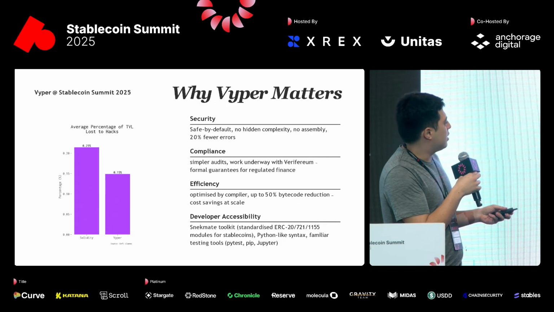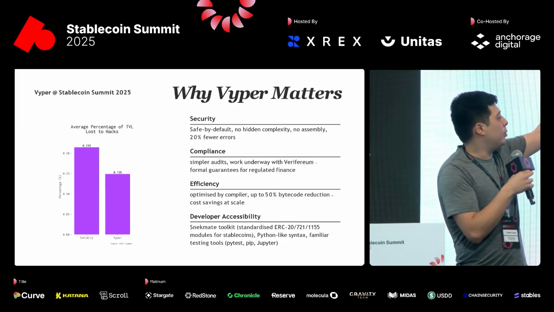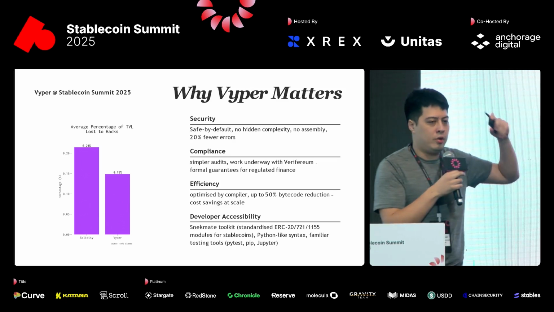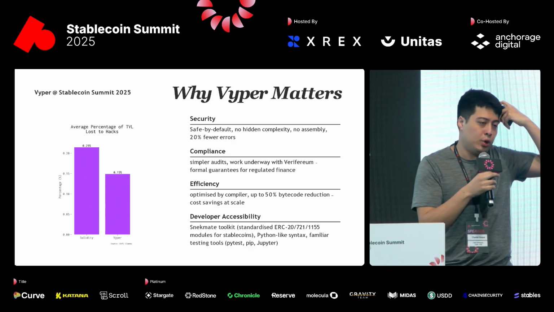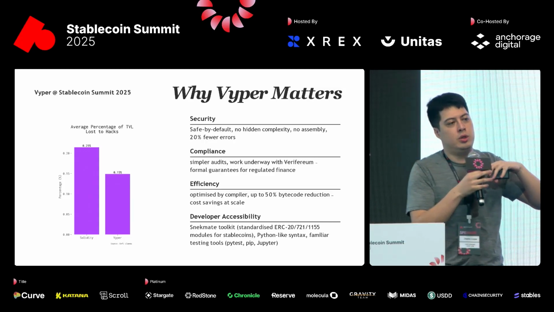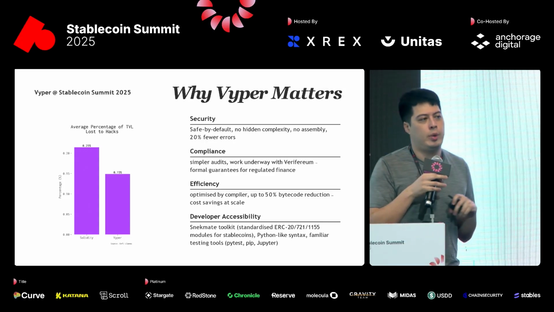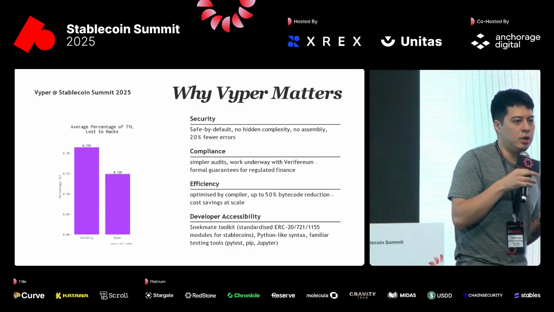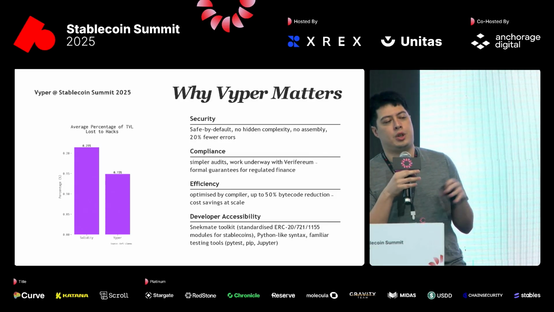So these are some examples of the strengths of Vyper. A lot of people don't know this, but if you look at the total value of hacks divided by the total TVL of protocols, Vyper is leading in terms of security.